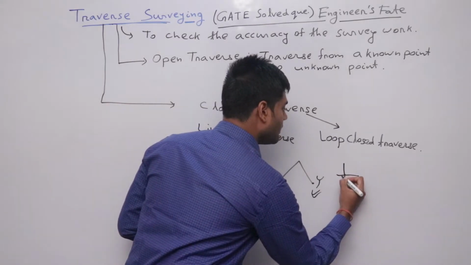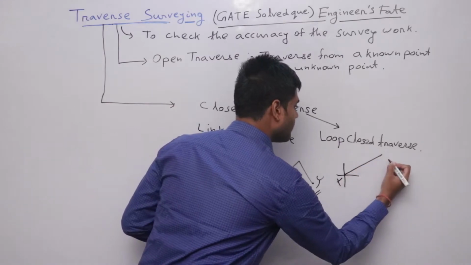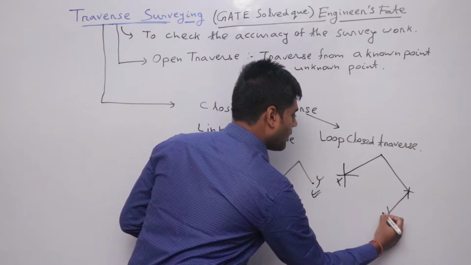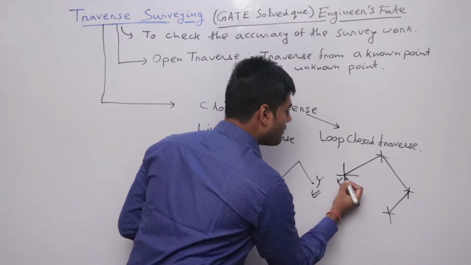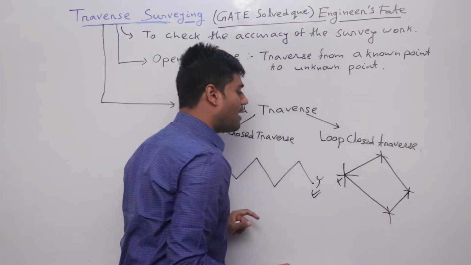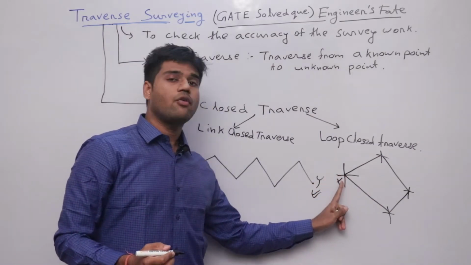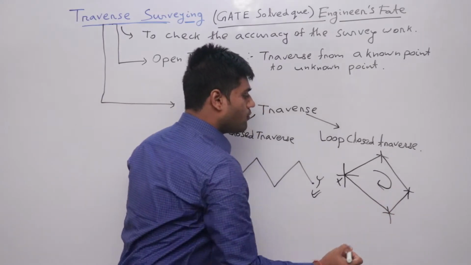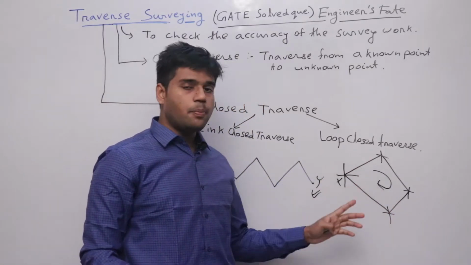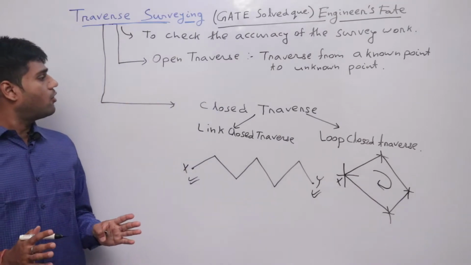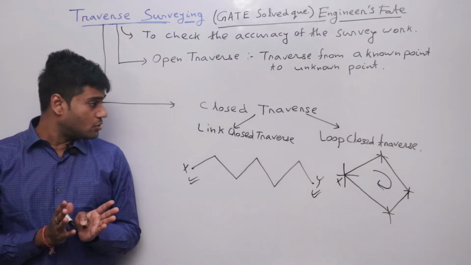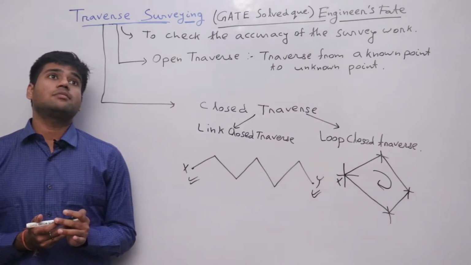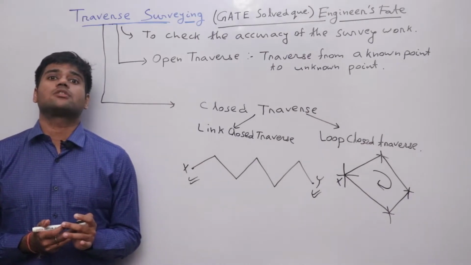There is a point X where I have started my survey work and my traverse, and at last I end at the point where I started my survey work, and there is a loop formation, and this is known as a loop closed traverse. So I hope you have understood both things. So please note, then we'll discuss some concepts, then we'll discuss the GATE questions.